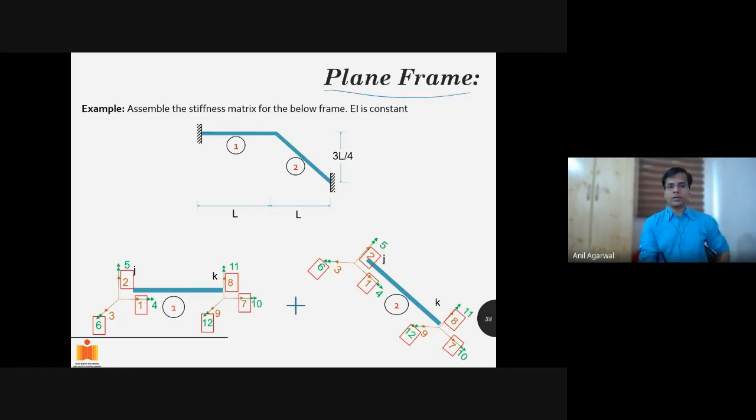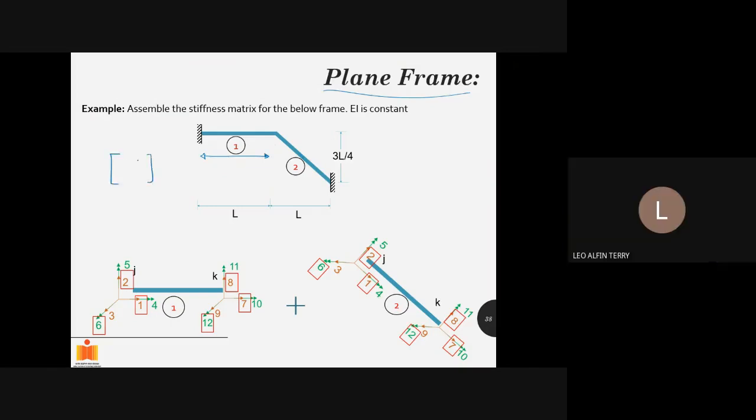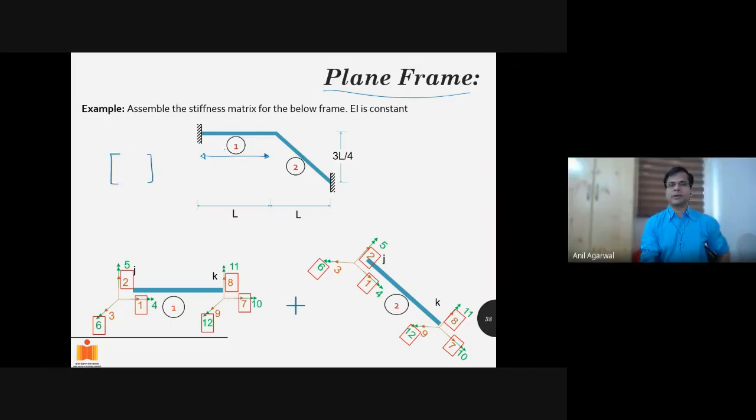Now we have to incorporate the 1, 2, and 6 degrees of freedom. That is 3 degrees of freedom at each joint. That means my stiffness matrix for each member will be what size? What will be the size of the stiffness matrix? 12 by 12? No, plane frame, not 12 by 12 for each member. 6 by 6, right? 1, 2, 6, 7, 8, 12.